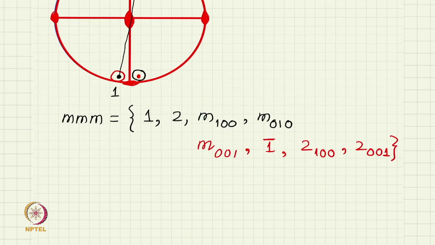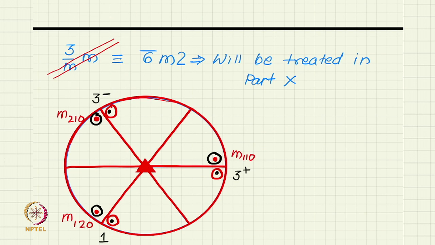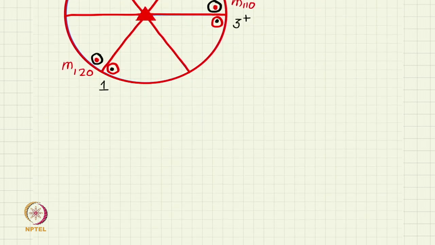We can write an equation type: MMM is MM2 plus a perpendicular mirror. We have already seen this when we were talking of the designation, that 3 by MM becomes 6 bar M2 and will be treated separately, and we will do that in part X. So we will not develop it here.